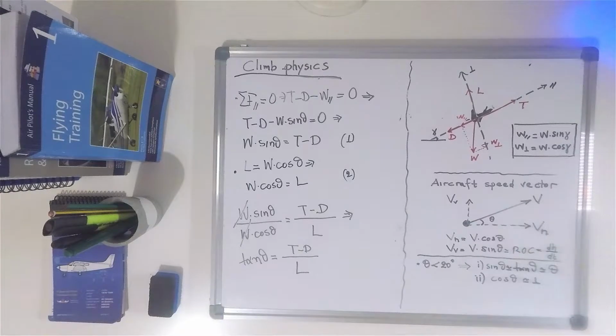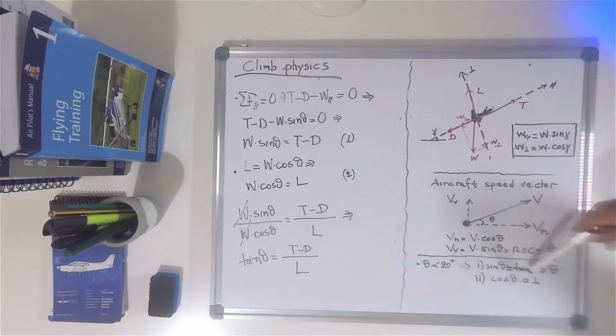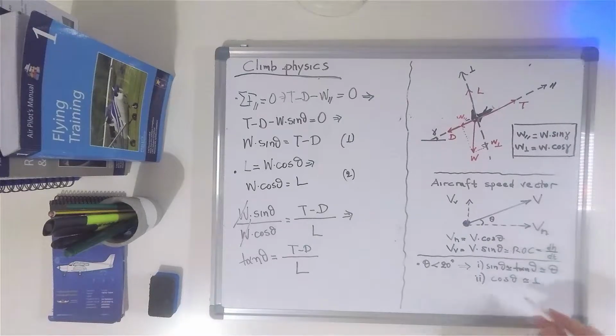But taking into account that the angle of climb is not extreme, generally less than 20 degrees, we have some assumptions: when the angle of climb is less than 20 degrees, we can assume that the sine is almost equal to the tangent of the angle and the cosine is almost equal to 1.